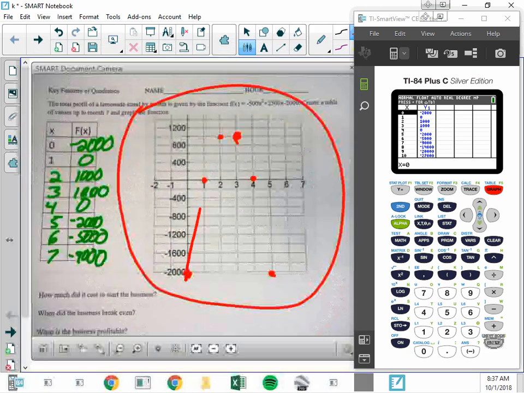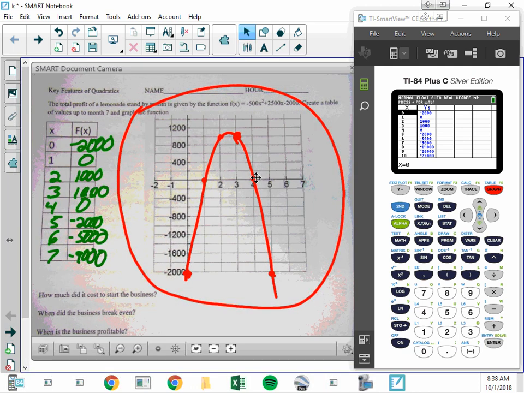Okay. So that's the shape of our parabola. Now we have a bunch of questions that are going to ask about what's happening in the company. Now, this particular curve is the profit curve. And X is in time, which is in months, and then the Y value is in dollars.